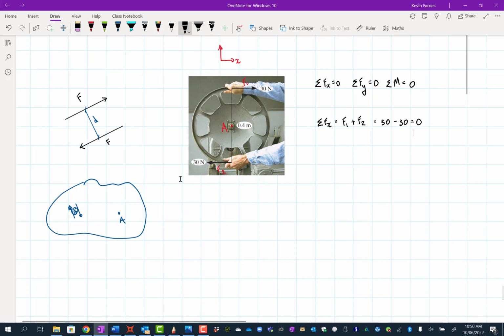And that would actually be true for any of the forces, even for these forces here. One more thing, the sum of the y components: we've got no y components, therefore the sum of the y components is equal to 0.